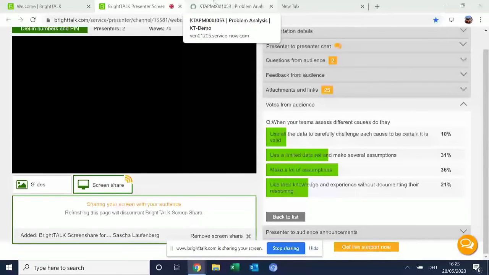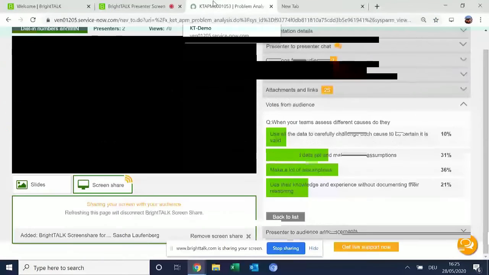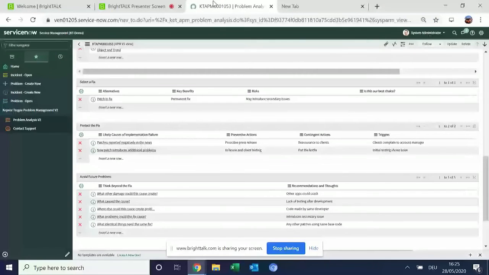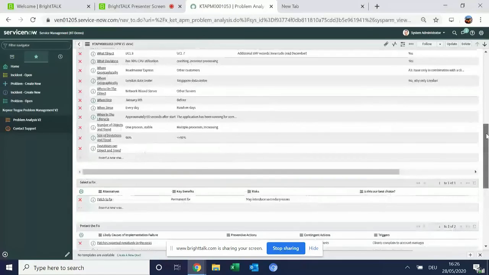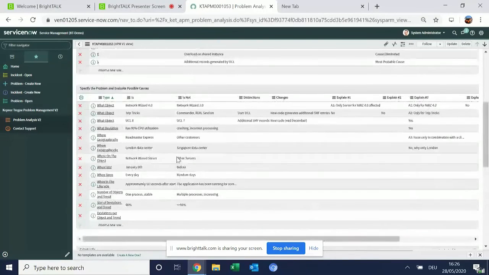So when we look into the ServiceNow app, you will see that there is an is and is not table, and Sascha will hopefully make that zoom in a little bit so you can see it more clearly. One of the crucial questions, of course, is always about timing. Built into the app are three crucial questions about timing.